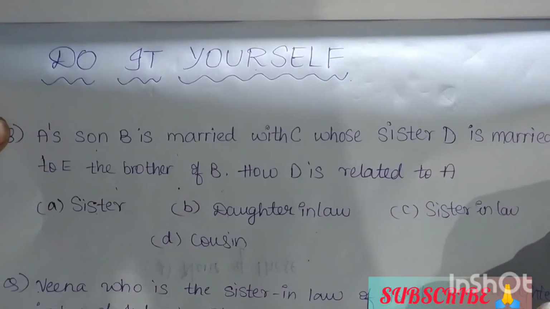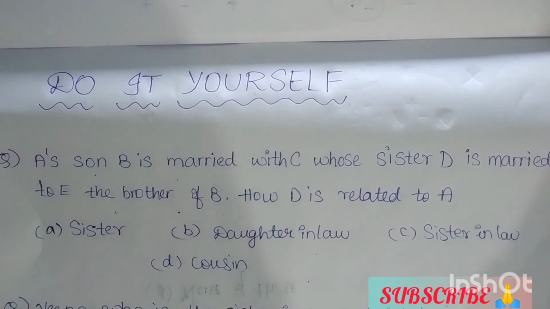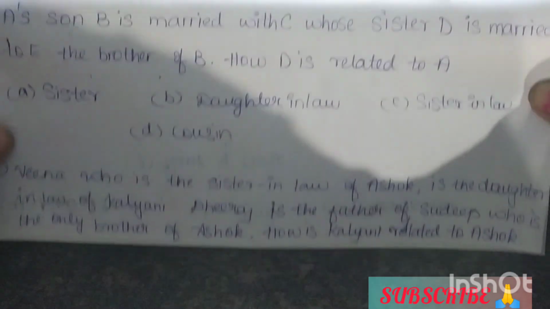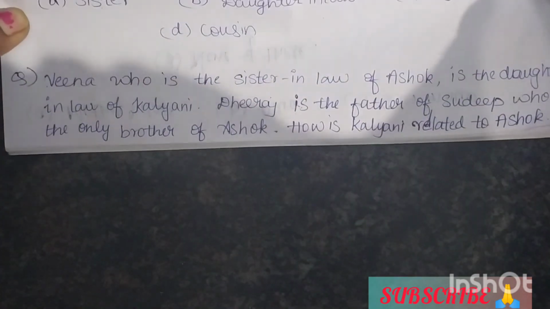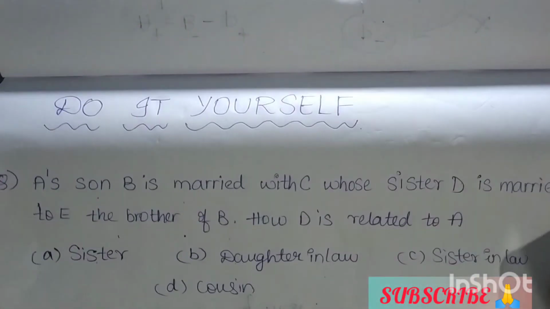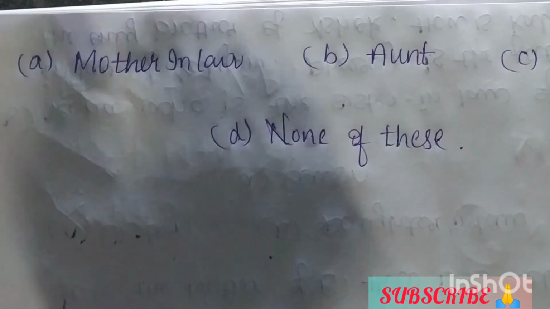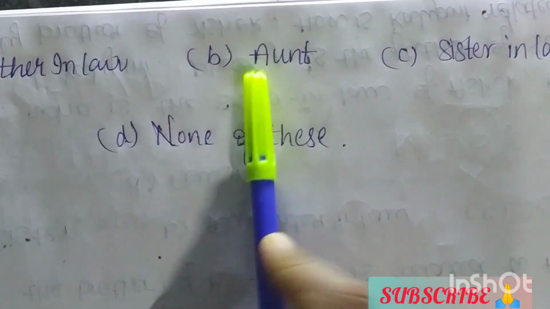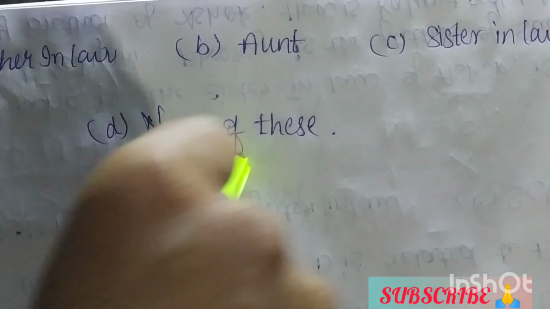This is our first question. Please pause it and try it. Then the second question is this. Hope you have understood. The options for the second question are: first option is mother-in-law, second one is aunt, third one is sister-in-law, fourth one is none of these.